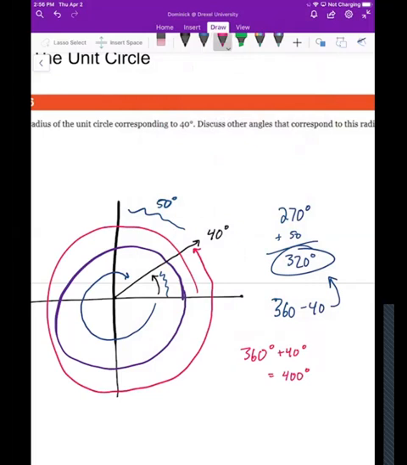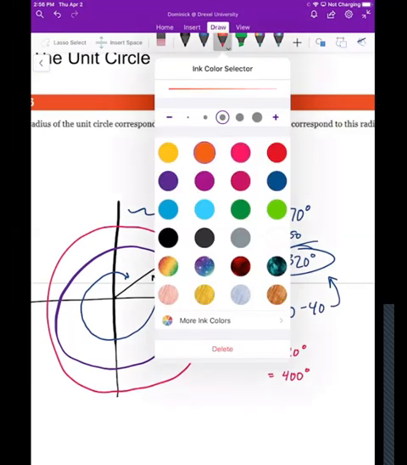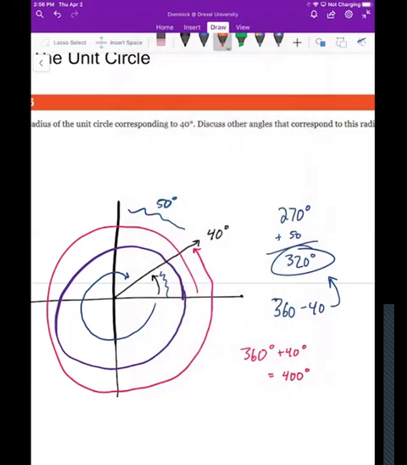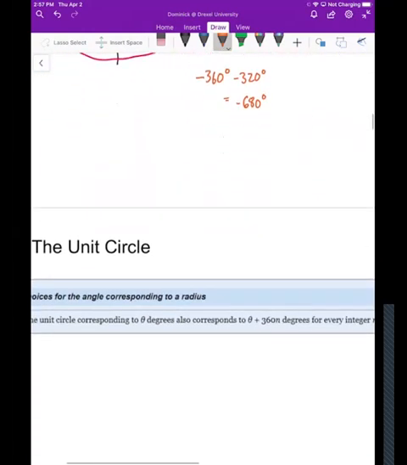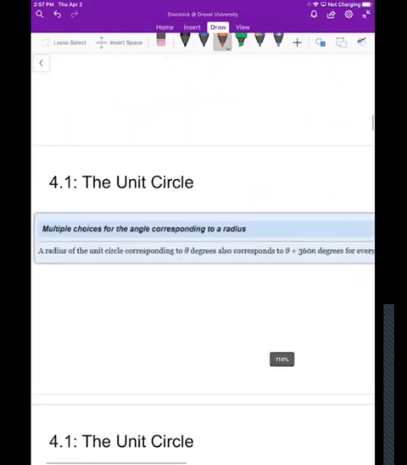I could have gone, let me try and do this on the very inside, so I could have started here, gone one full rotation negative, and then come back here. So I could have gone minus 360 degrees and then minus another 320 more that we got before, and that would correspond to minus 680 degrees. Okay, so there's an infinite number of ways that you can get to the same angle, and that's what we're going to summarize here in this result.